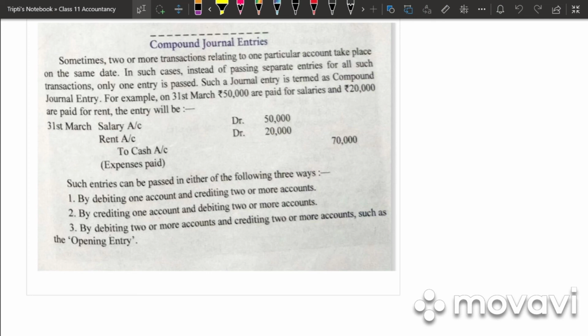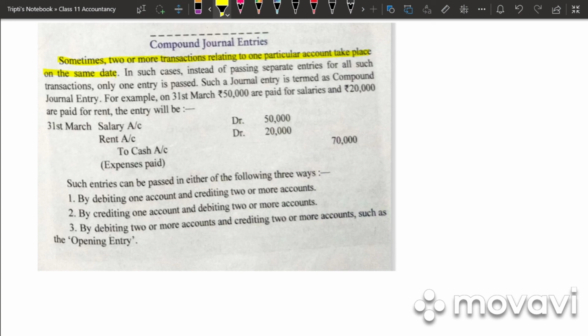Under that write down, sometimes two or more transactions relating to one particular account take place on the same date.